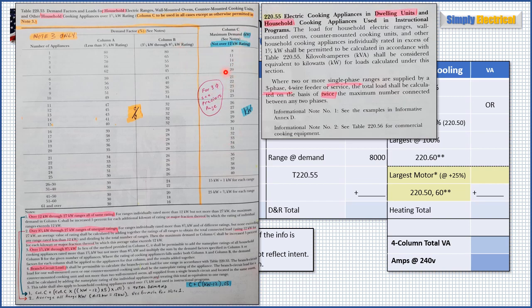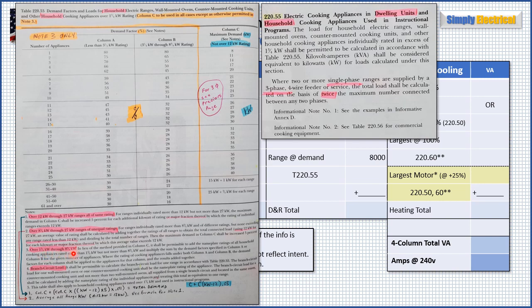However, like it says, you have to use column C except as otherwise permitted in note 3. So you're permitted to use note 3's exception. Let's see what it says. Note 3 says over 1 3/4 kW through 8 3/4 kW.